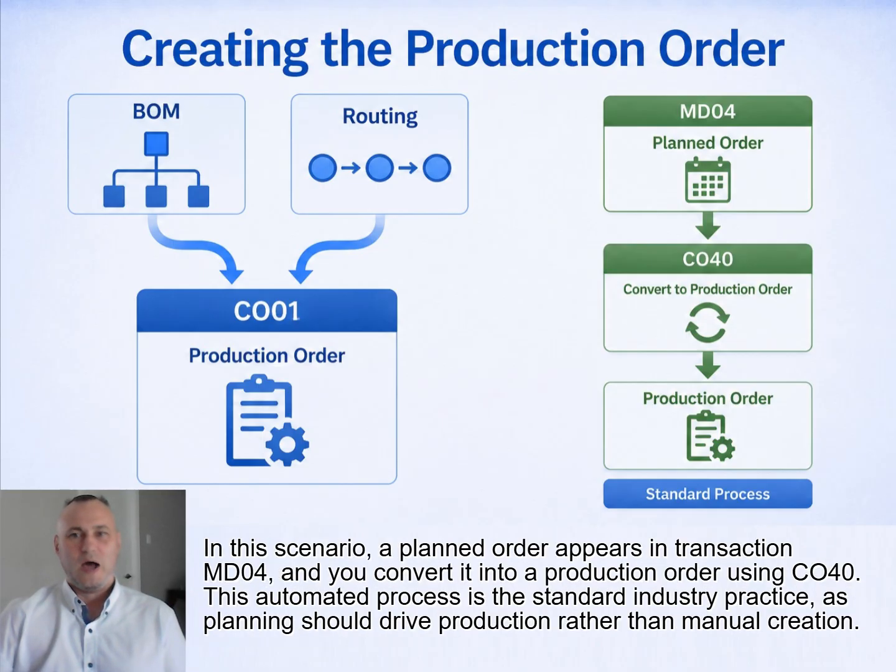In this scenario, a planned order appears in MD04, and you convert it into a production order using CO40. This automated process is the standard industry practice, as planning should drive production rather than manual creation.